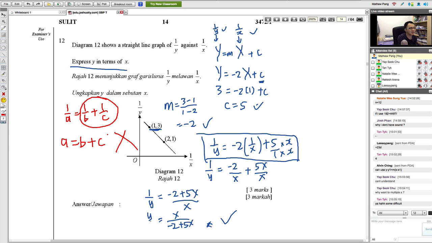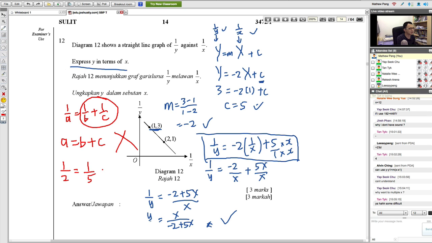Why do I say this is wrong? Let's say, just a random one, 1 over 2. This is 0.5. Maybe I will say, just a random one, 1 over 5.